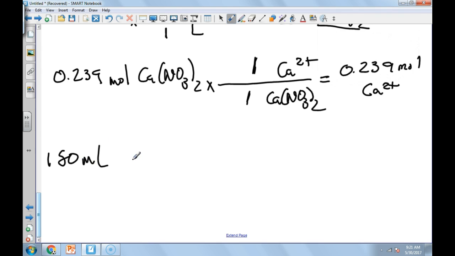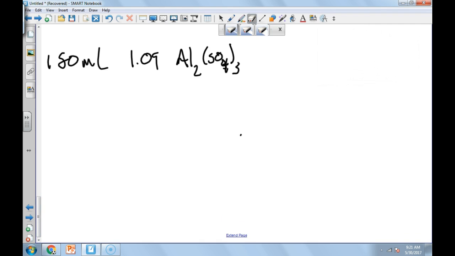I kind of like this because we don't have to do molar masses for these. When we're doing solutions, there's really not a lot of molar mass going on, except maybe if you want to convert to grams. Knowing how to convert is really super helpful.